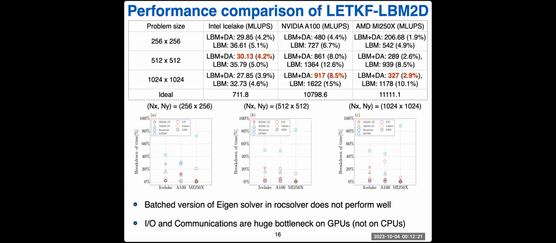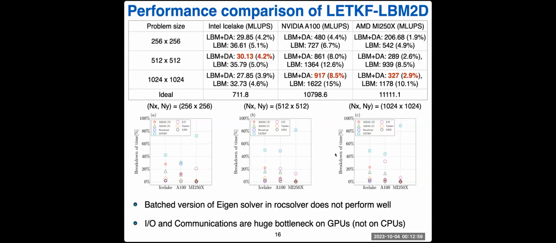The number in the parentheses shows the ratio of the achieved MLUPS to the ideal performance. 50% looks relatively low, but it's quite good. With data assimilation, the performance is degraded, of course, because there's the I/O and communications. But in the end, on the NVIDIA GPUs, 85% of the ideal performance is achieved, which is reasonable. The performance drop from LBM plus data assimilation is more drastic on the AMD GPUs.